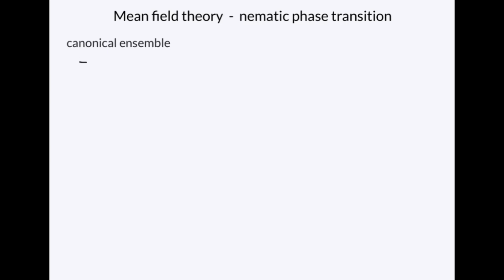Our description starts from the canonical ensemble, in which Z is given by the number of particles in X and Y, beta, and the area.